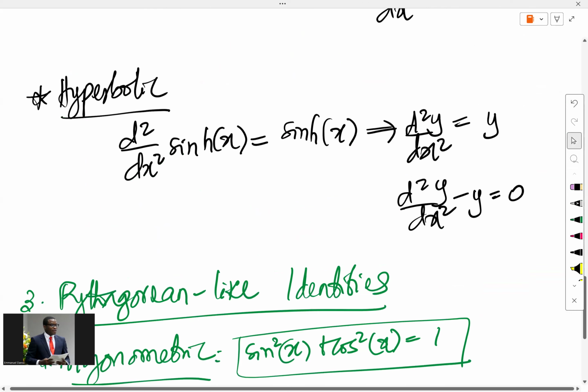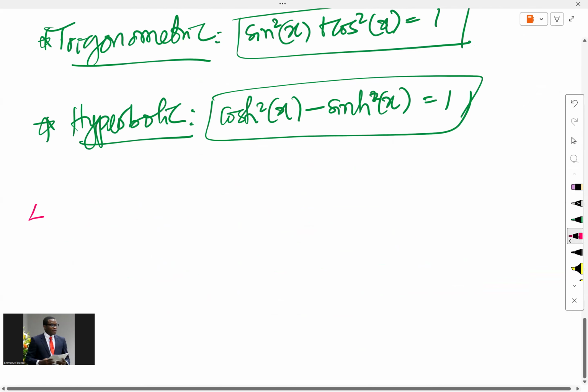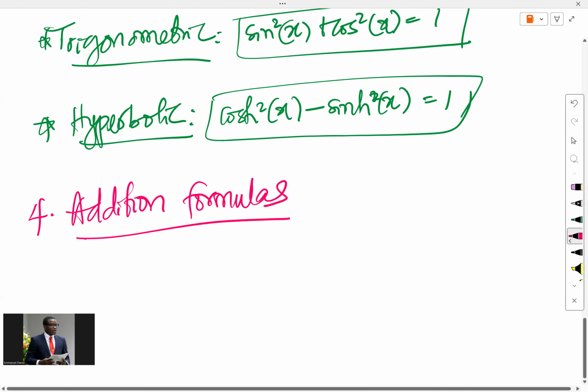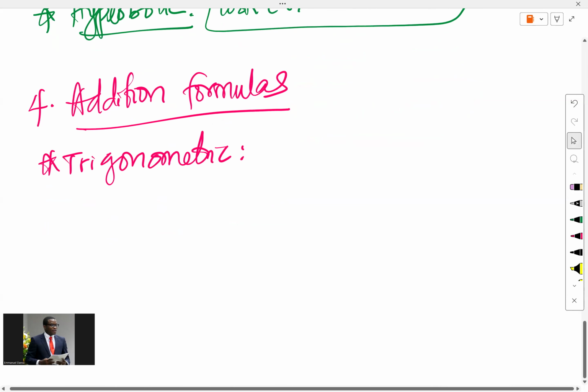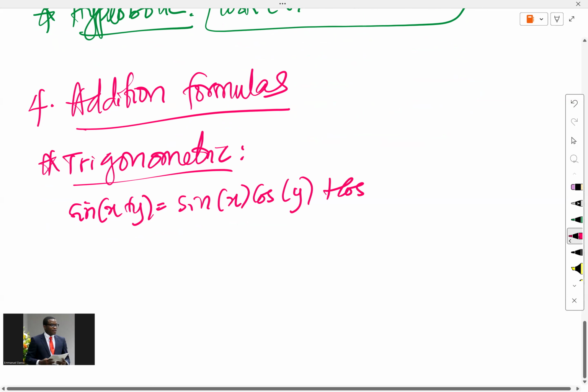And then we can talk about the fourth one, which is addition formulas. They tend to have something similar in this regard. The addition formula in the trigonometric context is sine of x plus y equals sine x cos y plus cos x sine y, and so on.